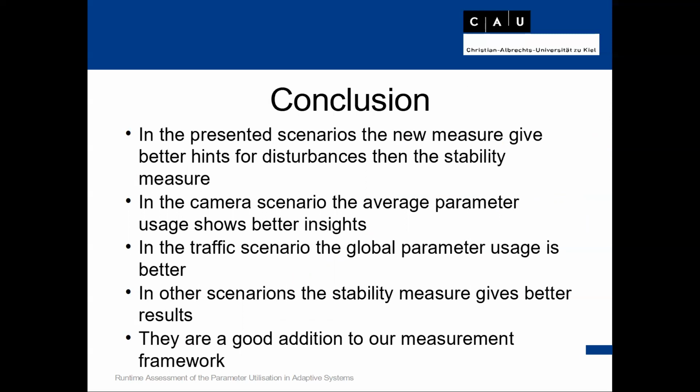We have other scenarios which are not presented in the paper where the stability measure gives better results. So we can say that these two new measures are a good addition to our measurement framework, which we wanted to use to identify unusual adaptations which cause unusual behavior in multi-agent systems.